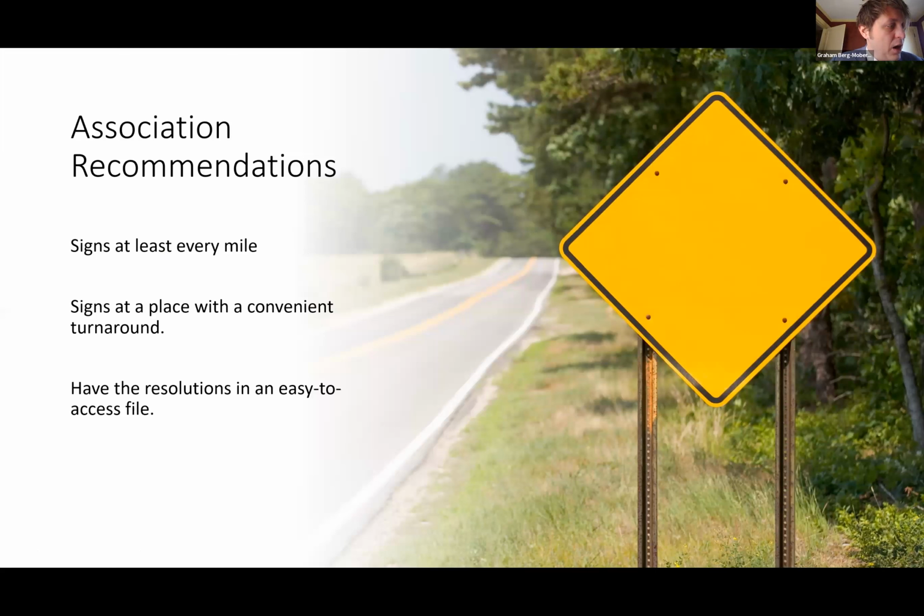And then the other potential issue with these sorts of situations is that you want to put your entryway signs at a place where people can turn around. Now think about it this way. Some percentage of drivers are not going to be familiar with what these are, and they're going to see that minimum maintenance, travel at own risk type sign. They're going to think, oh, that's pretty ominous.